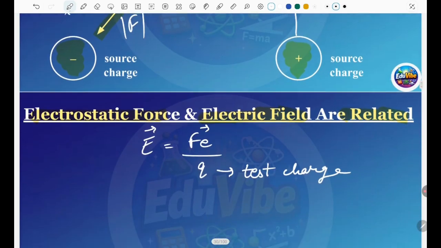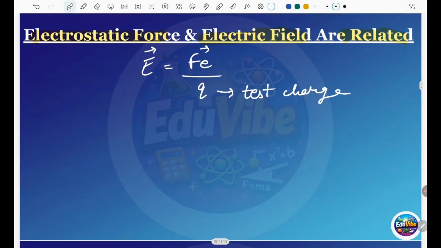F is the electrostatic force and E is the electric field. E has units of newton per coulomb, or volt per meter. This volt per meter we will know when we do electrical potential energy.